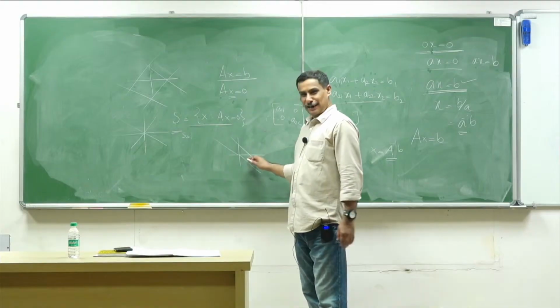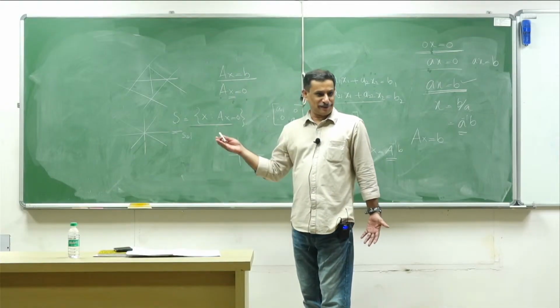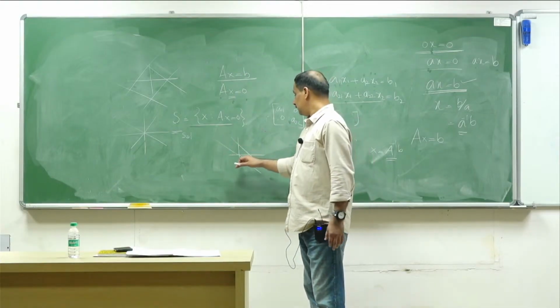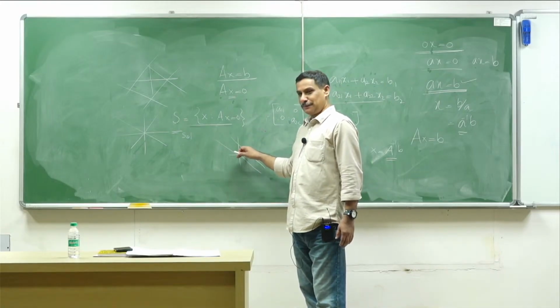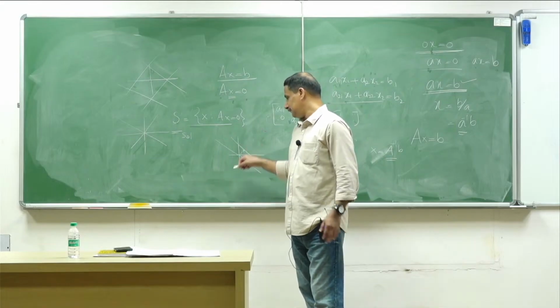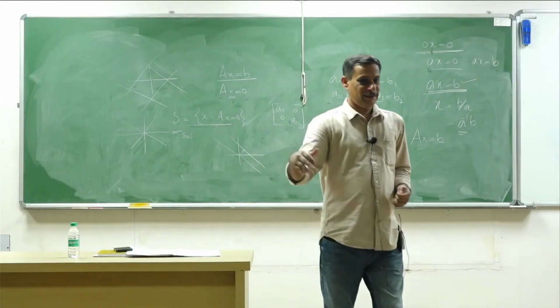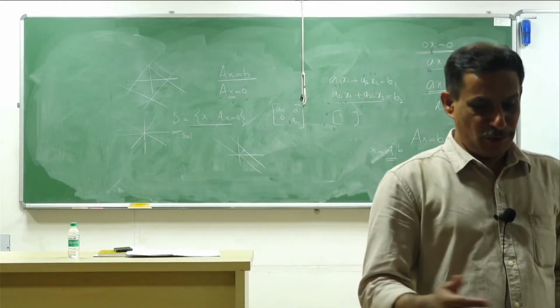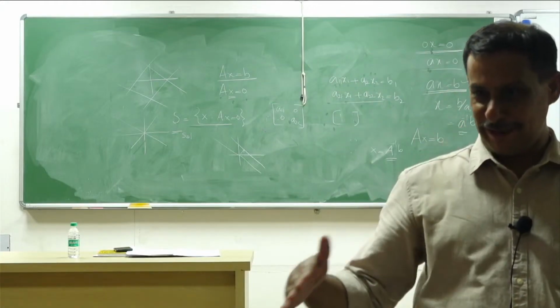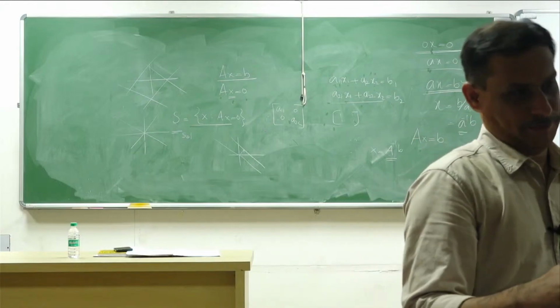Both are lines, you call them linear in your system perspective, etc. But this is a vector space because the origin is there. This is not a vector space, but it is shifted by some other vector. That is actually called an affine space. So a line can be an affine space or a vector space.